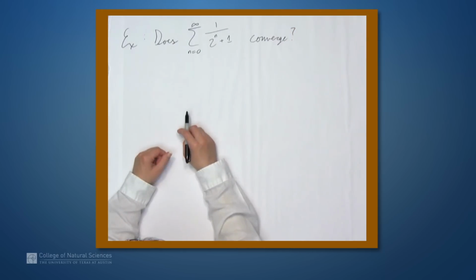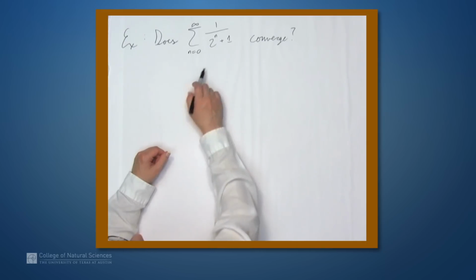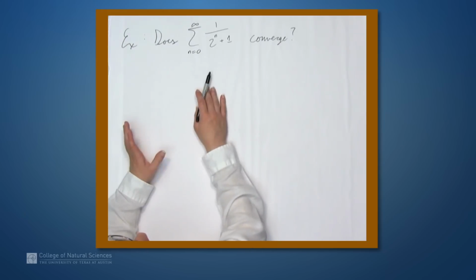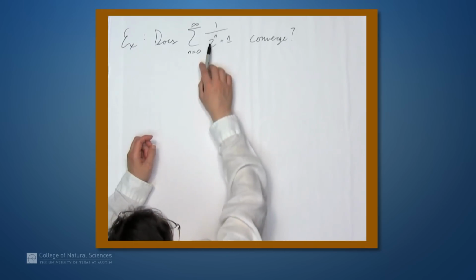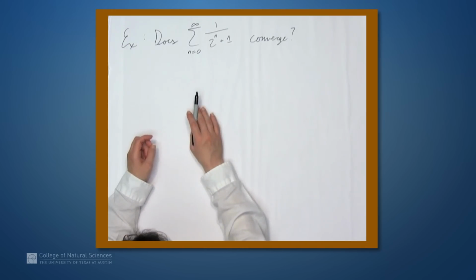One of the skills you'll have to develop to apply the comparison test is to look at a given series and say, to what series could I compare this? And in a case like this, I hope that you see something like 1 over 2 to the n, which is a geometric series that we know about.